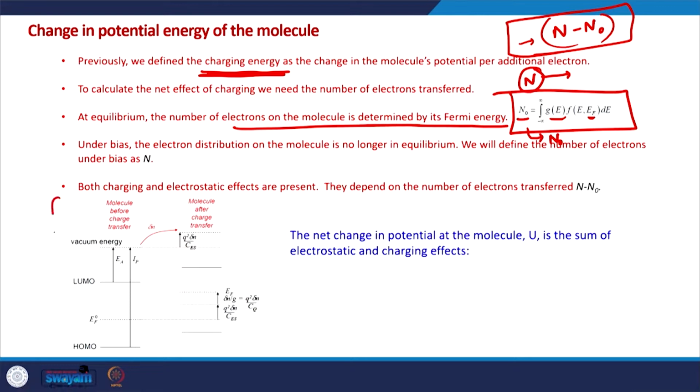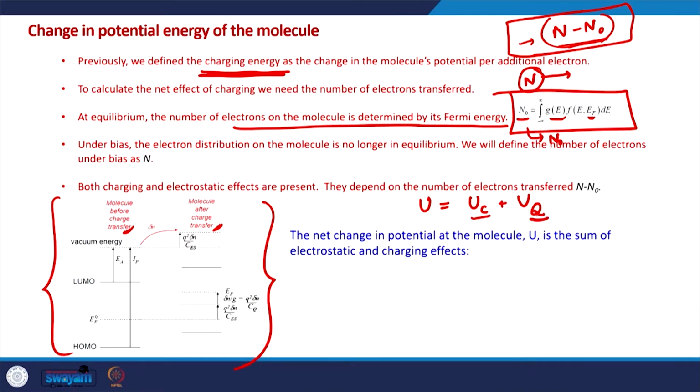This is the picture of the electronic energy levels, both before the charge transfer and after the charge transfer. So the net charge transfer is n minus n naught on the quantum dot. So this will bring a change in the potential energy, which is a sum of charging energy plus the energy because of the state filling.